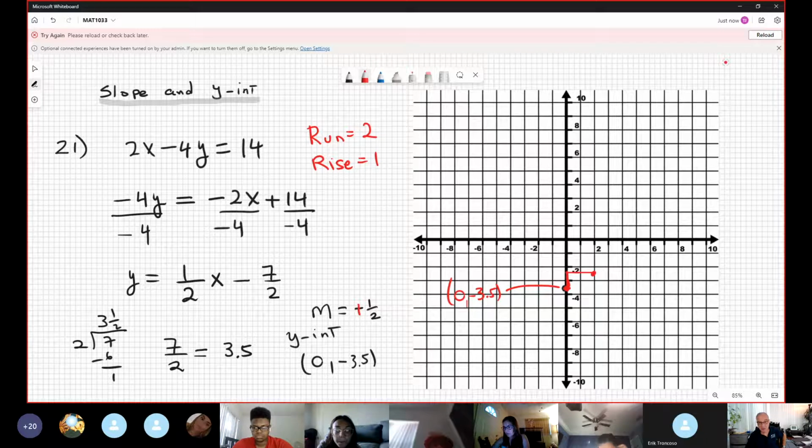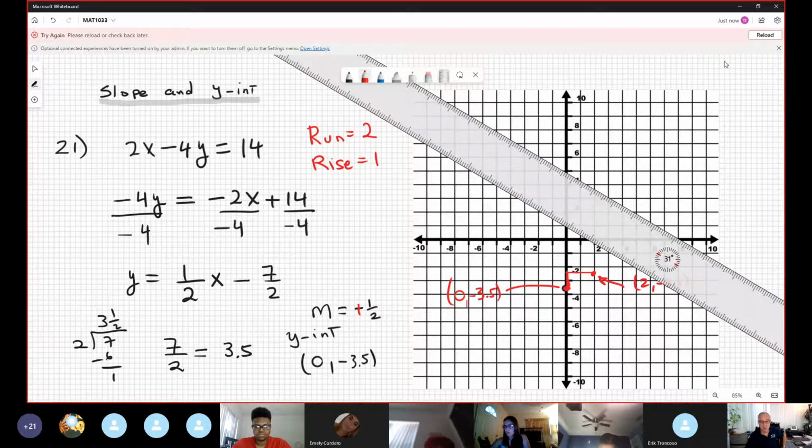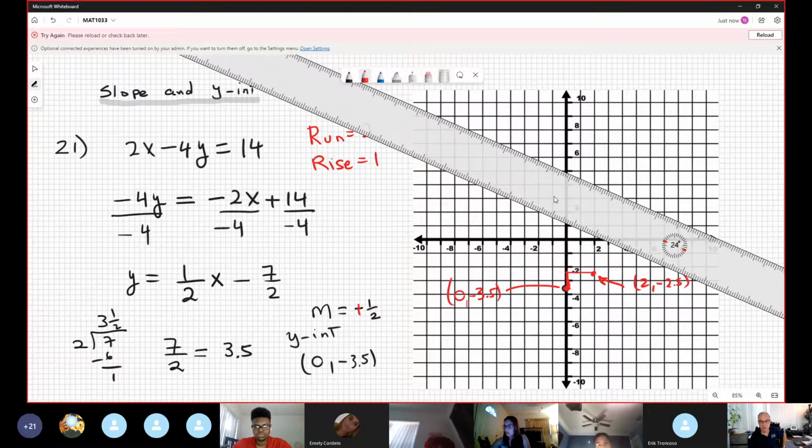The coordinates of this point are 2, comma, minus 2.5. Because actually we are only moving 1 unit up. Therefore, 3.5 minus 1 is 2.5, but of course it's negative. Now ready to connect it with the ruler. Two points. Any question, guys?